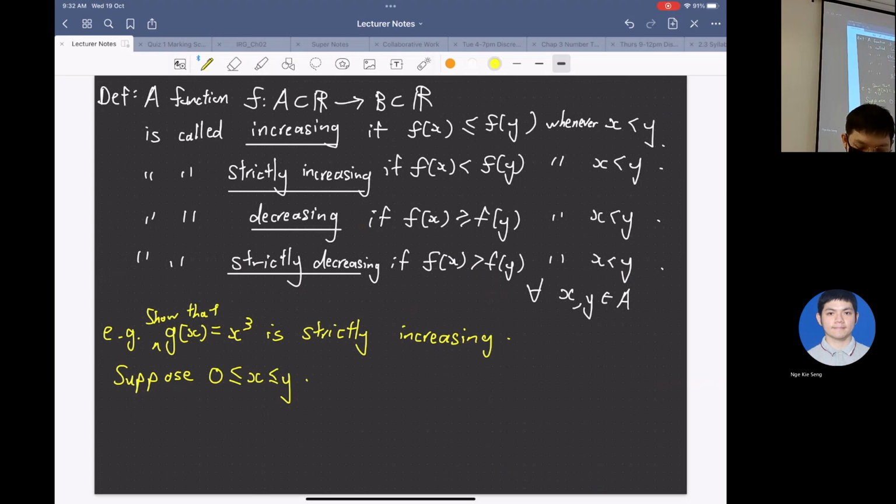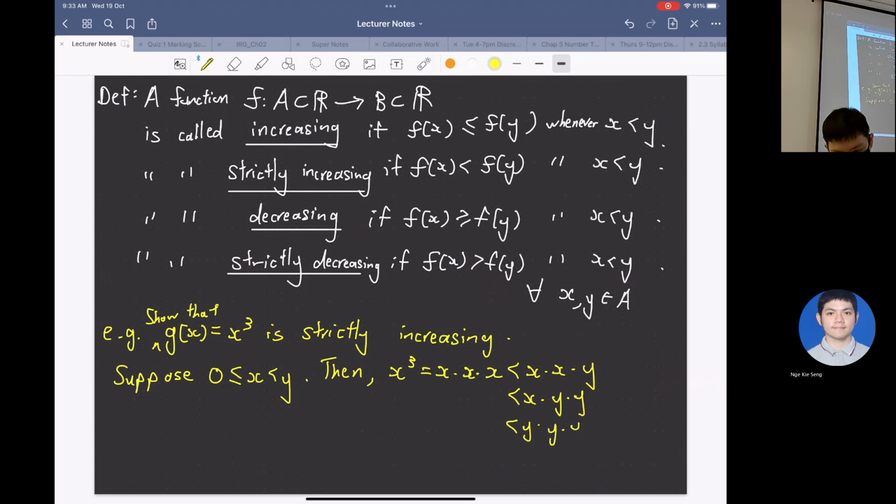If I look at positive numbers first, then we have x cubed, which is x dot x dot x, less than x dot x dot y, which is less than x dot y dot y, which is less than y cubed, where I just apply the assumption. If I want to explain, I just write by assumption. So apply a few times.